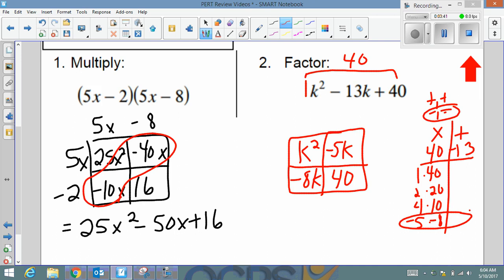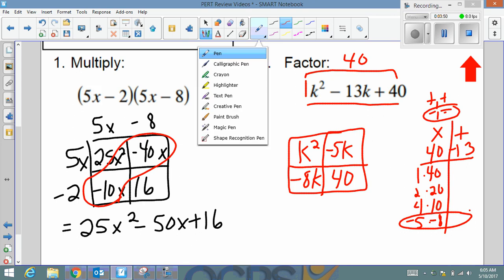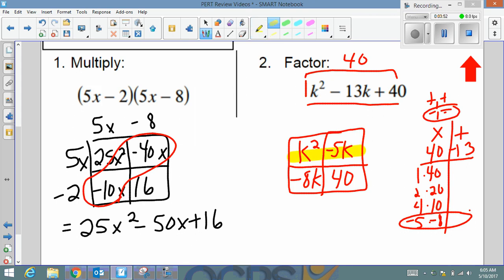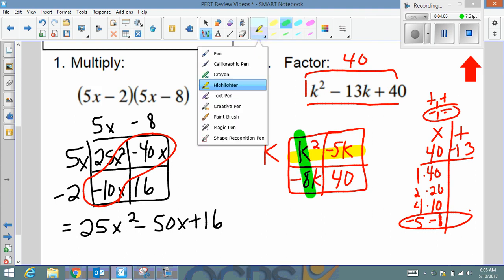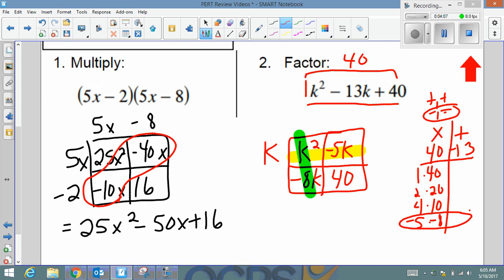So what I have inside the box here is equivalent to my trinomial. It's equal. Then I look inside each row, each column. So I'm going to start by looking here. I'm going to go to the first row and look for what's common, and that's just a k. Then I'm going to go here. What do they have in common? And that is also just a k.